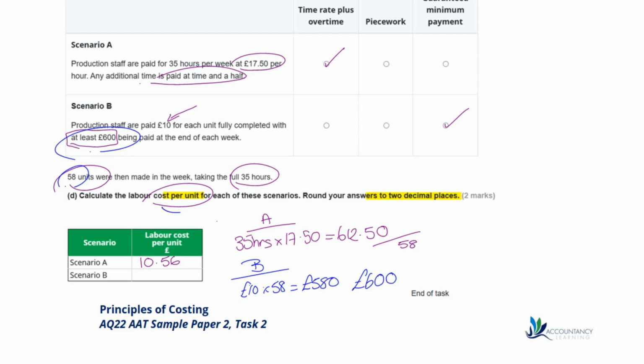But again, we're looking for cost per unit, so we then divide the 600 by 58 to get £10.34 to 2 decimal places cost per unit, which now completes task 2.